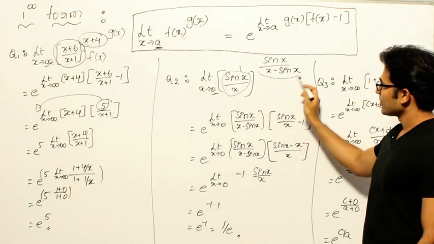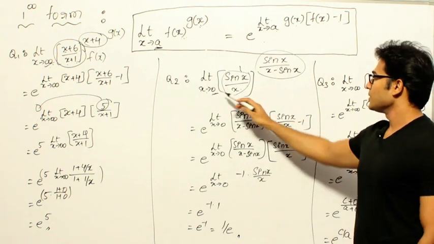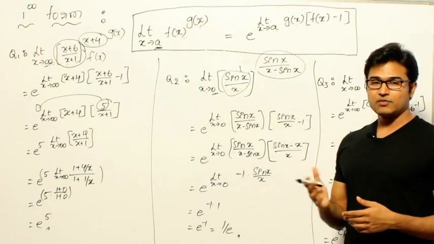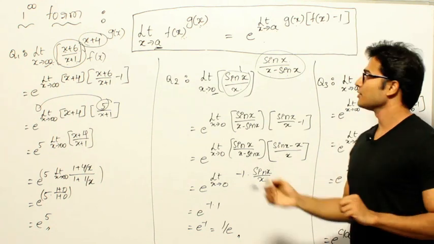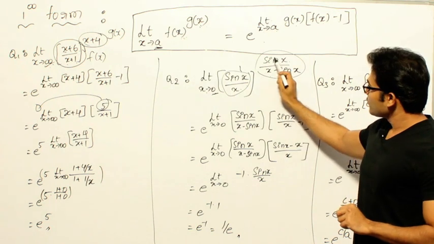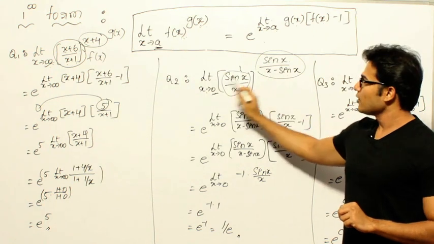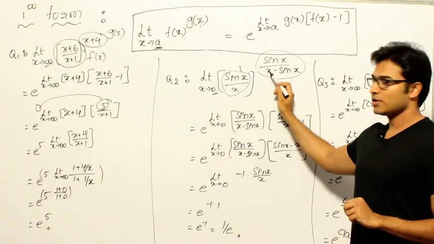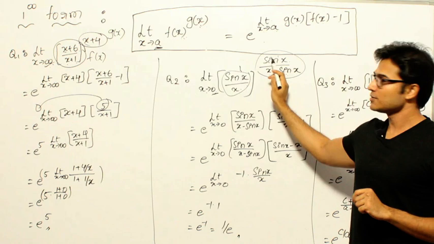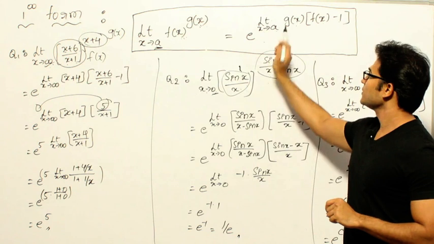But if you see the exponent, when you apply limit x tends to 0 directly, it might not seem like it is infinity. You might think that it is 0 by 0. But if you rearrange the terms, you can definitely see infinity there. You just divide numerator and denominator by sin x. Then I am going to get 1 in the numerator, and in the denominator I am going to get x by sin x minus 1. Now if you apply limit x tends to 0, x by sin x is going to be 1. So 1 by 1 minus 1, which means 1 by 0, which is infinity. Therefore it is still in the form of 1 power infinity, and so you can apply this formula.